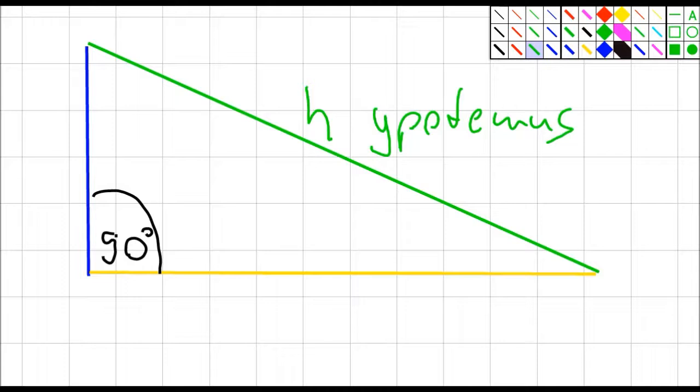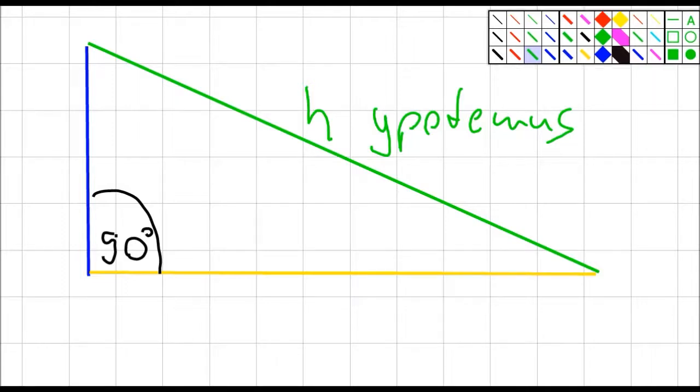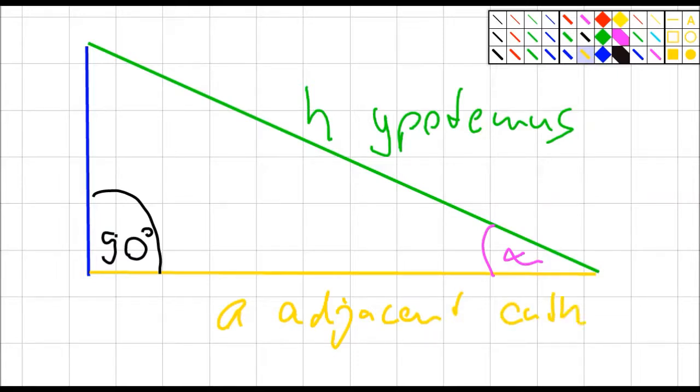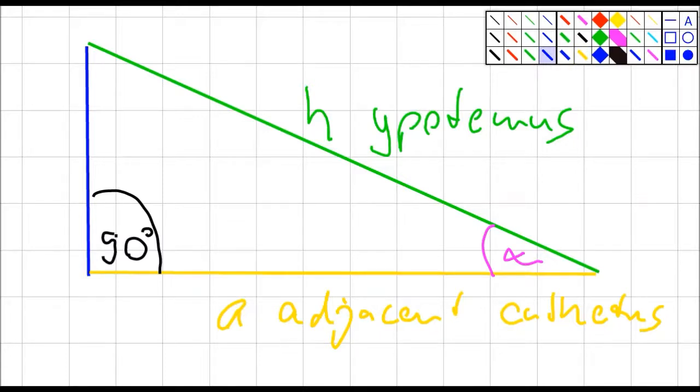One is adjacent to an angle alpha here, so the adjacent cathetus would be here. I call this A for adjacent cathetus. And we have the other one here. I want to call this O for opposite.